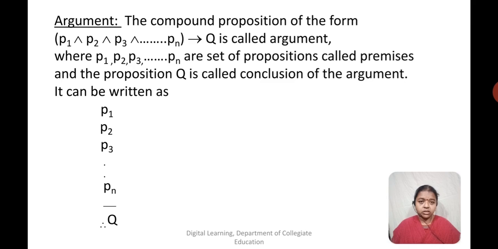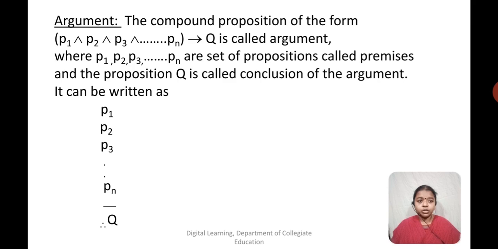To say this in a simpler way, we are going to consider a set of n propositions denoted by P1, P2, P3 and so on Pn. These are called premises, and we are going to take another proposition capital Q, which is known as the conclusion.